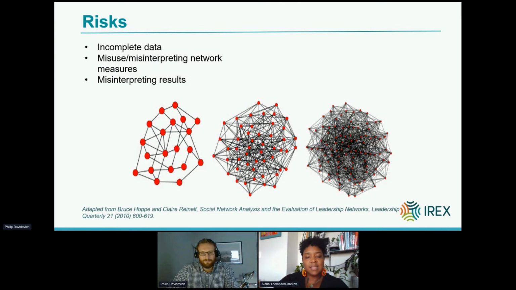The biggest thing with an SNA survey is that a network survey is more sensitive to data omissions than other kinds of survey. Because we want to have a full picture of the network, we need a robust response rate, right?